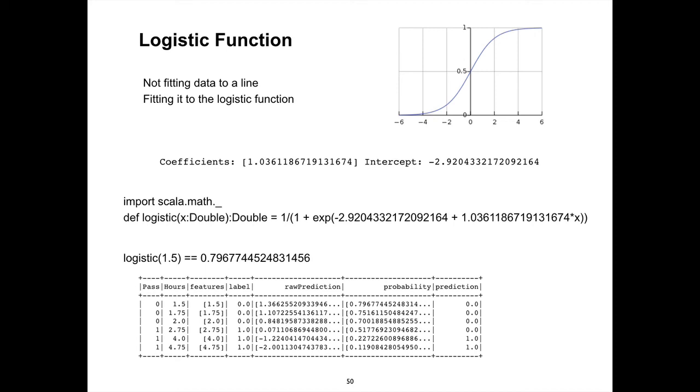In linear regression, we're fitting things to a straight line, so the equation is a straight line. Here, we're modeling things on what they call a logistic function, which is basically a function that looks like this. The equation is 1 over 1 plus the exponential of the intercept plus the coefficient times your independent variable.